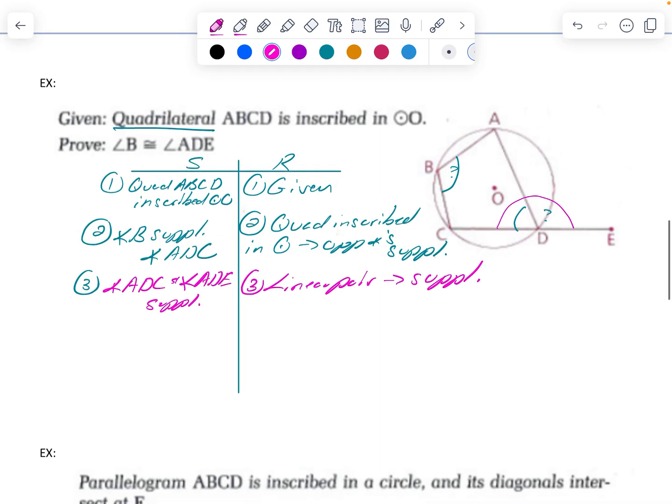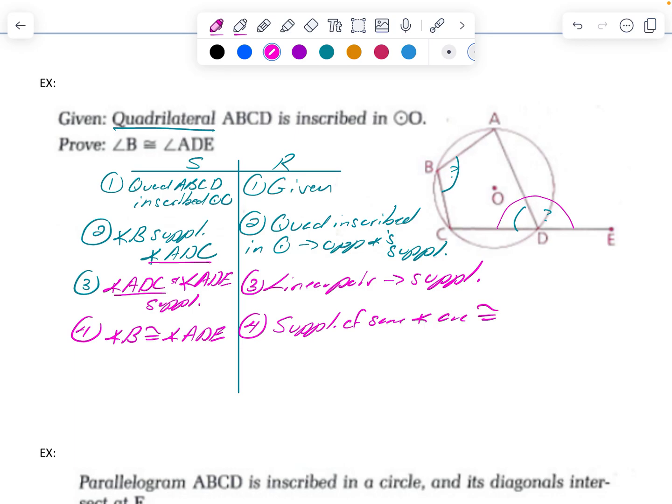And so we can then say, since angle B and angle ADE are both supplementary to the same angle, angle B is congruent to angle ADE, and that would be supplements of the same angle are congruent. There we go.